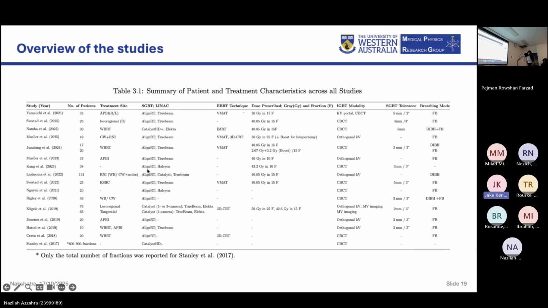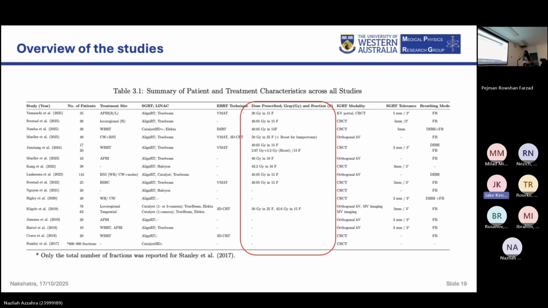So this table gives a summary of all the studies. The studies were arranged by date, with the most recent ones on the top. I recorded the number of patients and the treatment site, which varied a lot. For SGRT systems, most of them used AlignRT, while 4 studies used Catalyst. Then techniques and dose prescribed.